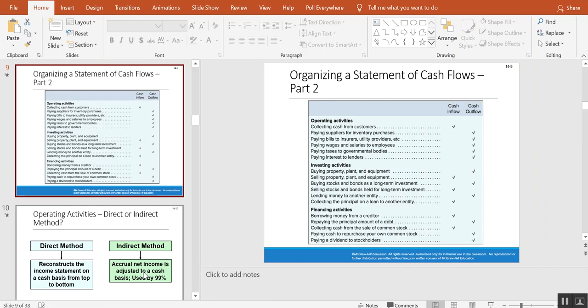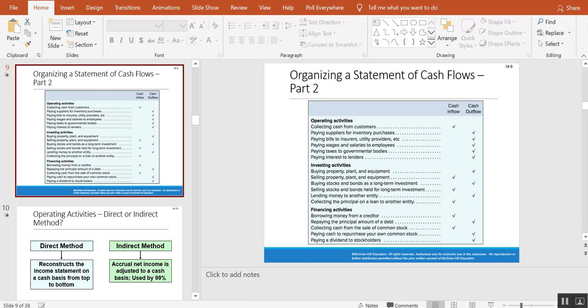When we organize a statement of cash flows, it'll look something like this. Under operating activities, we'll collect cash from customers, we'll pay suppliers, we'll pay bills, we'll pay wages, we'll pay taxes, we'll pay interest, and so on. And basically, that's all going to relate to operations.